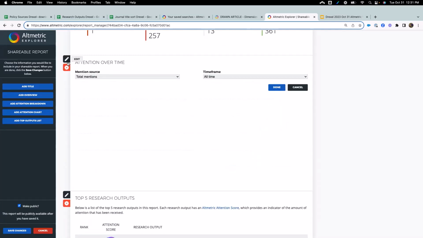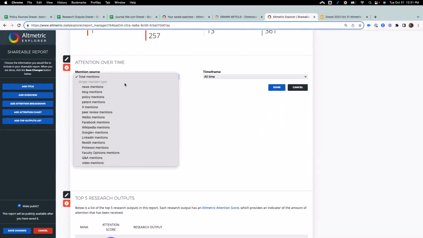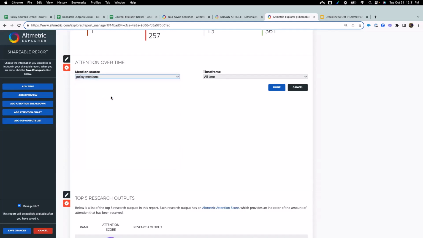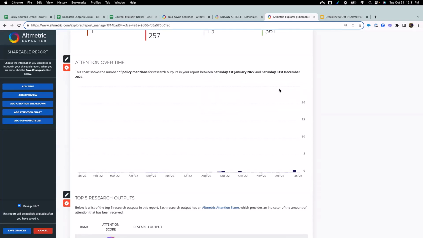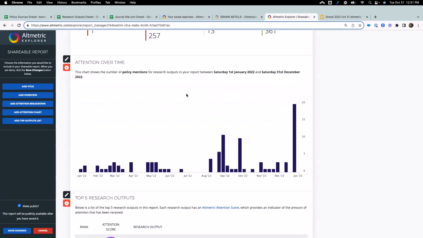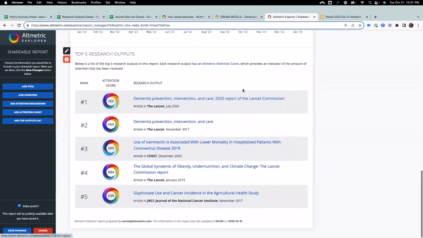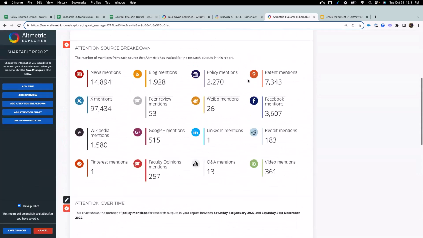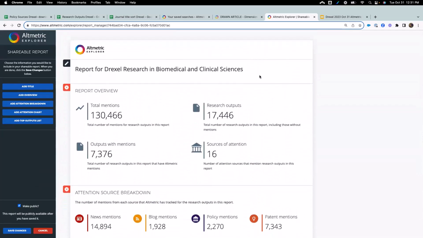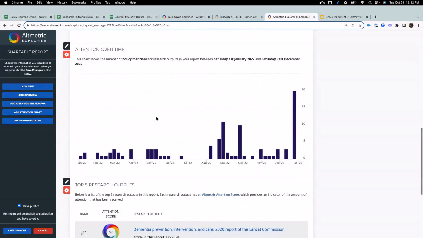Or you can also say, well, I only want to see perhaps the policy mentions in the previous calendar year. And then you would see what policy mentions showed up, if that's a focus that you want to have. And then we have the top 5 research outputs in the subject area in biomedical and clinical science.